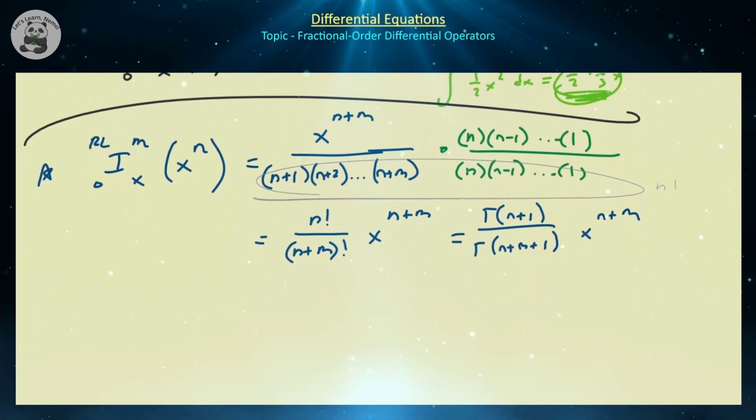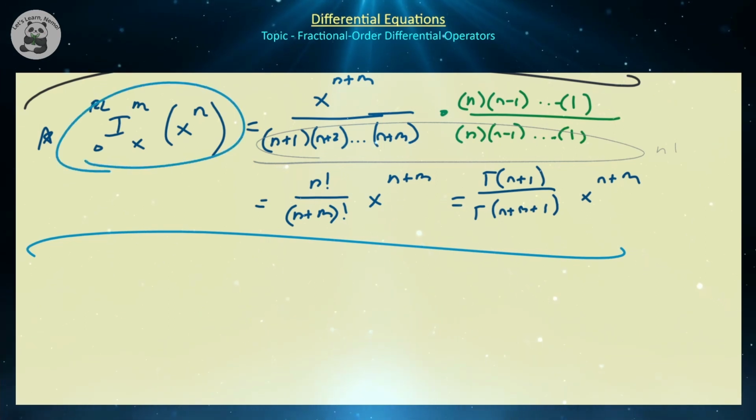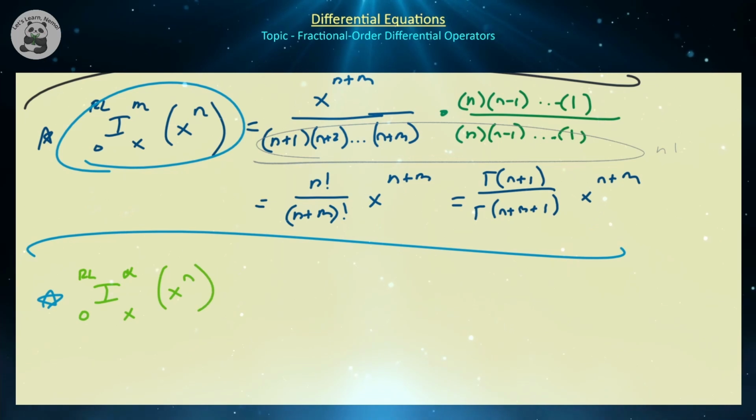So using our Riemann-Liouville extension, all Riemann-Liouville does is extend factorials with gamma functions. And since this is just a Riemann-Liouville integral in disguise, what we have is the generalized power rule for integrals in the Riemann-Liouville space as the alpha order. Let's actually go to alpha now, since we're going to be doing real numbers, of the monomial term x to the m.